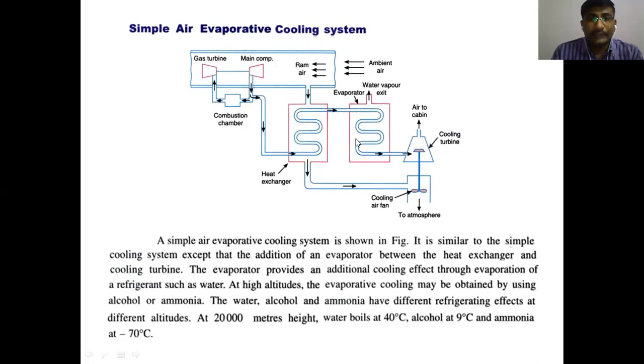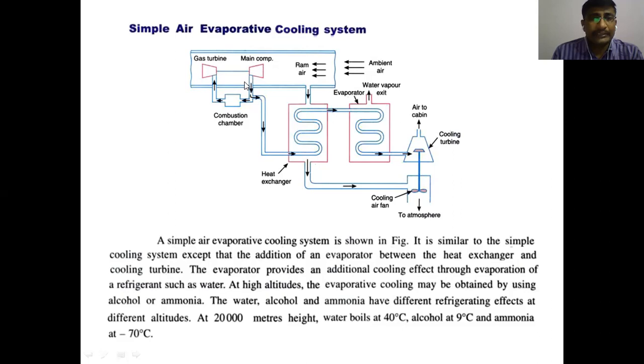That liquid, having a low boiling point, absorbs heat from the air passing through the evaporator, evaporates, and is sent to the atmosphere. Generally water, SO2, ammonia, and alcohol are used as evaporative liquids.